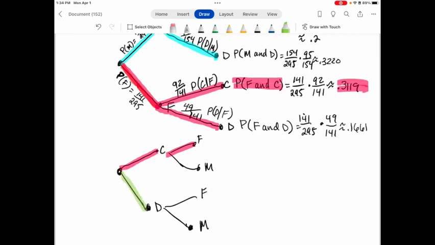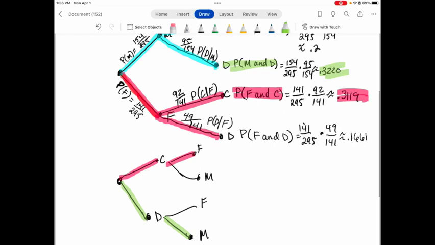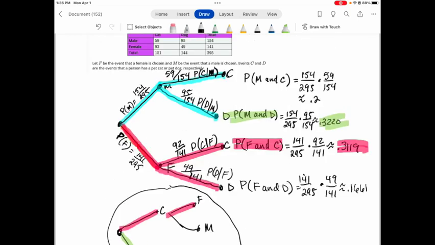If you find the probability of coming down the branch first where you pick someone with a dog, and out of the dogs, you then pick someone that's male, that should be the same probability as this right here, the probability of picking a male and a dog. So I would really suggest, just for practice, you try finding your probabilities this way and make sure that it matches up with my and statements from the first diagram.